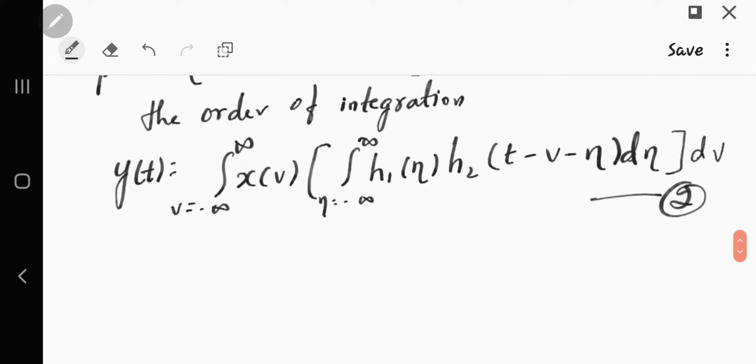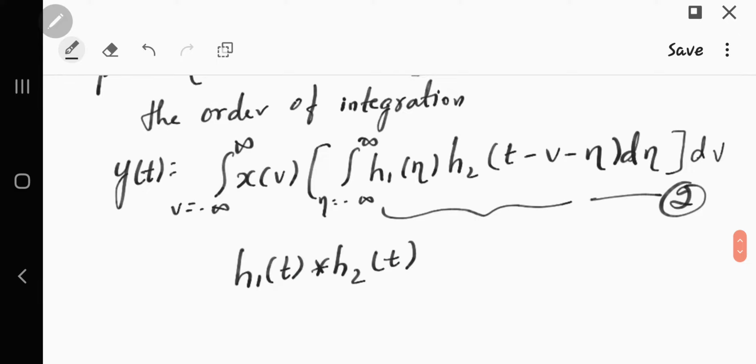Okay. So here the inner integral is identified as the convolution of h1 of t and h2 of t. That is, these two are obtained by convolving h1 of t and h2 of t.